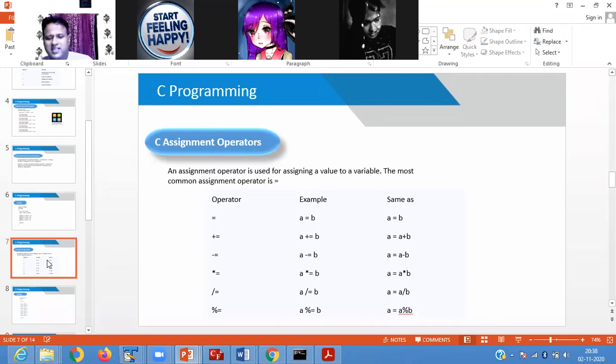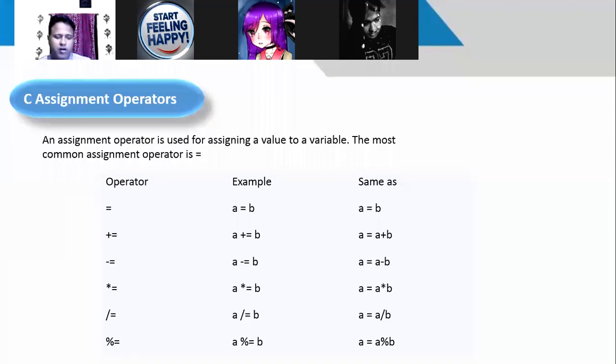Then the assignment operator is of two types. One is the simple assignment operator, another is the complex assignment operator. The simple assignment operator we already went through, like a equals to 5.